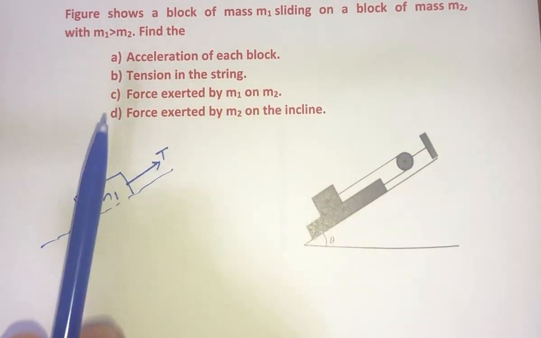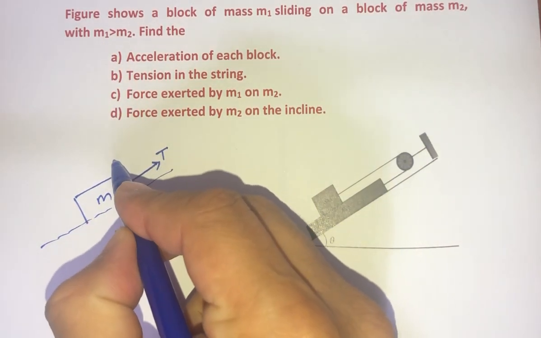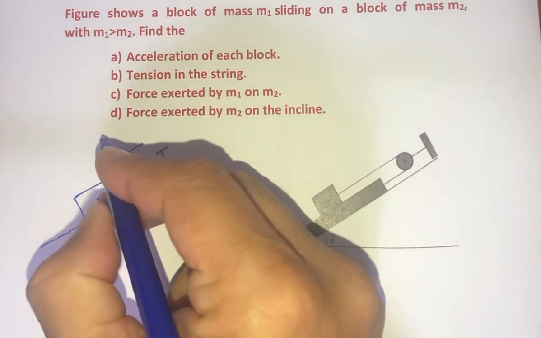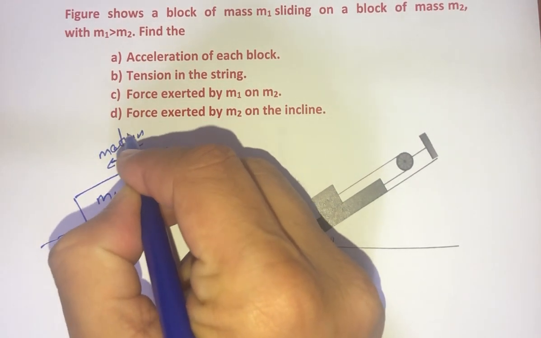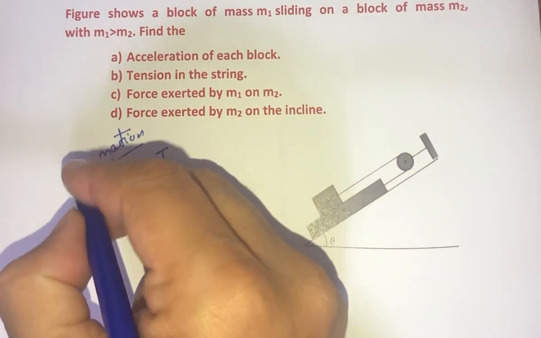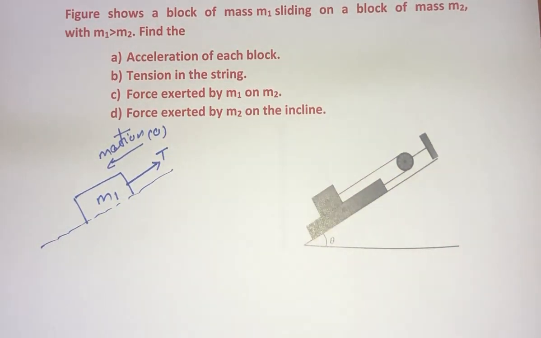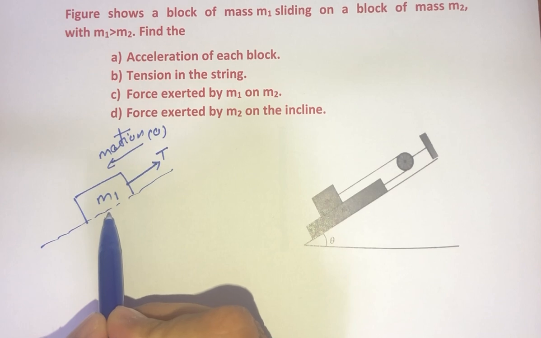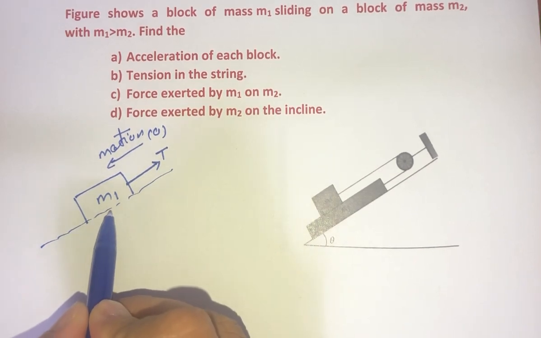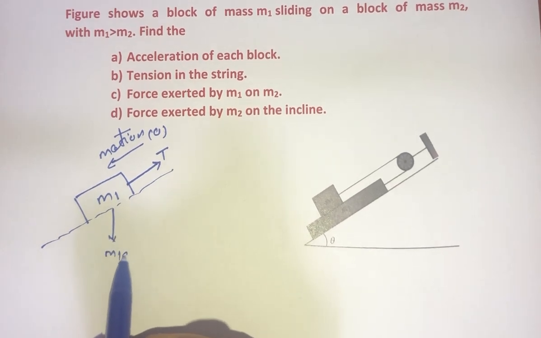It is given that m1 is greater than m2, so the direction of the motion will be in the downward direction this way, and let us suppose the acceleration is given by a. And it is going to have m1g acting vertically downwards.